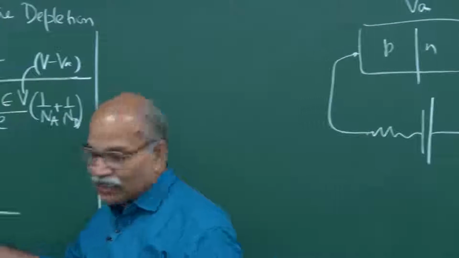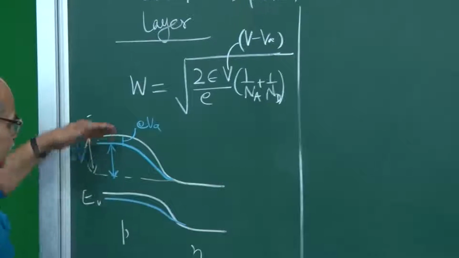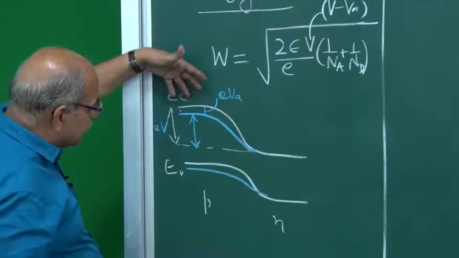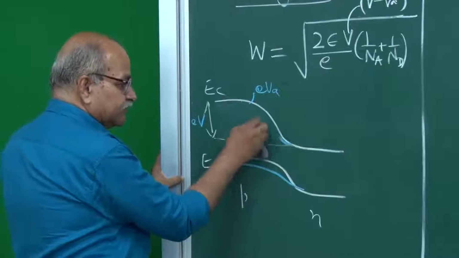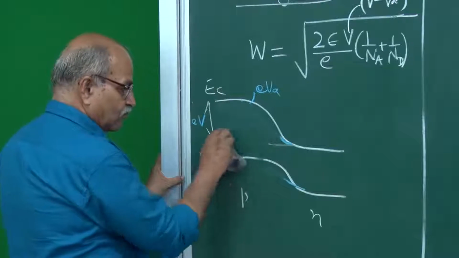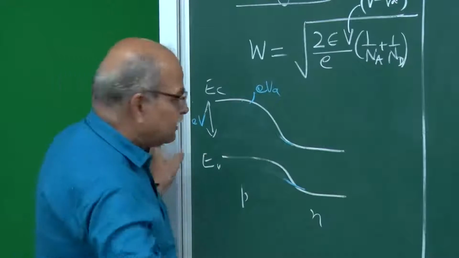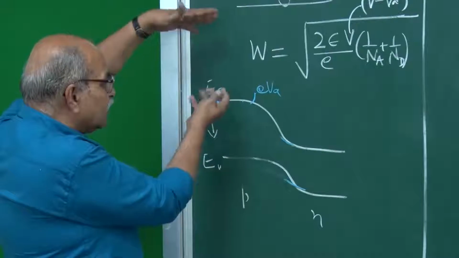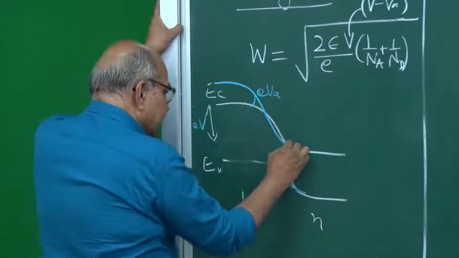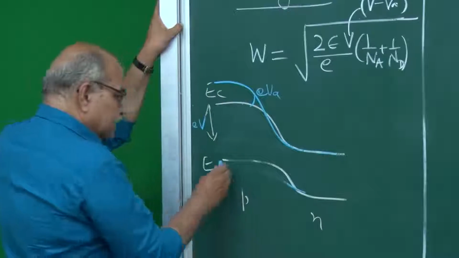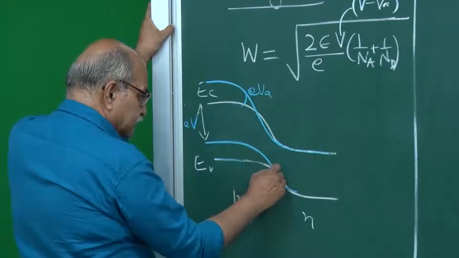So, if you had this picture once again, in forward bias these quantum states, these energies are reduced, but in reverse bias, all these energies will go up. So, now your EC will be like this. I am writing with reference to this n side, so I am only changing this part like this.